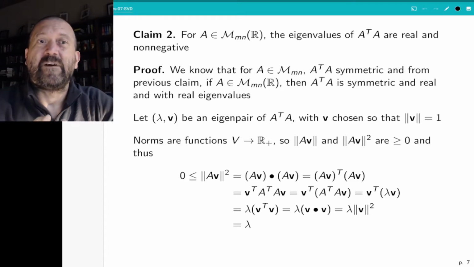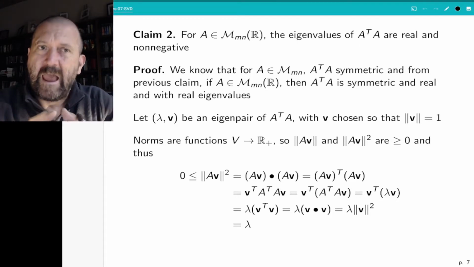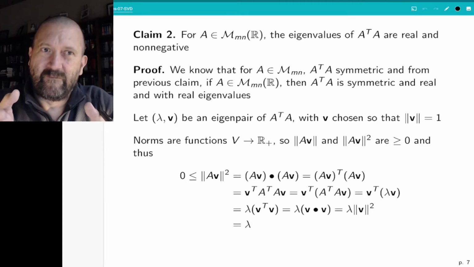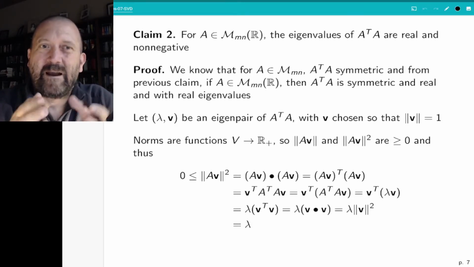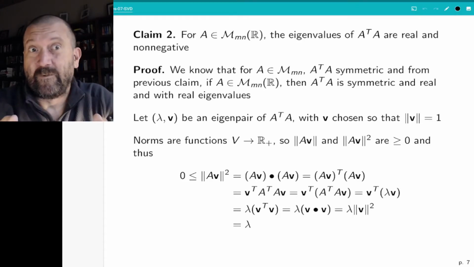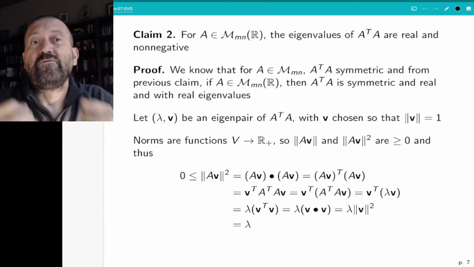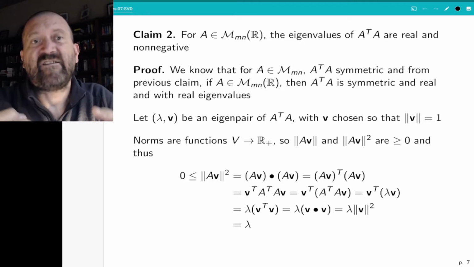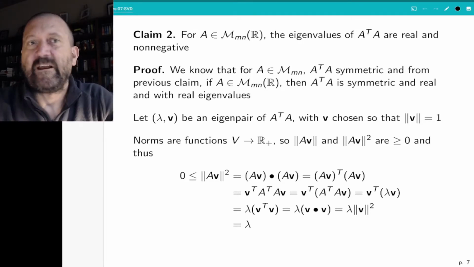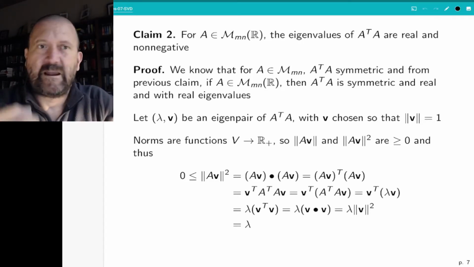I'll remind you that when you have an eigenvector, any vector parallel to that eigenvector is also an eigenvector. So I am allowed, and it's often very useful, to choose an eigenvector that has certain properties. And here, the property that I like is that its norm is equal to 1.